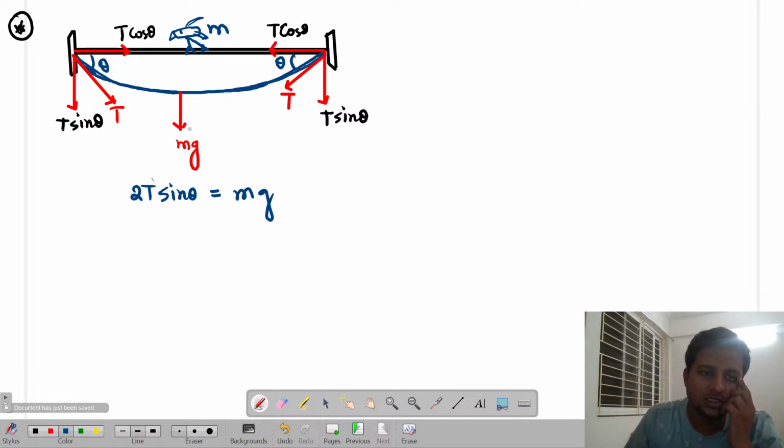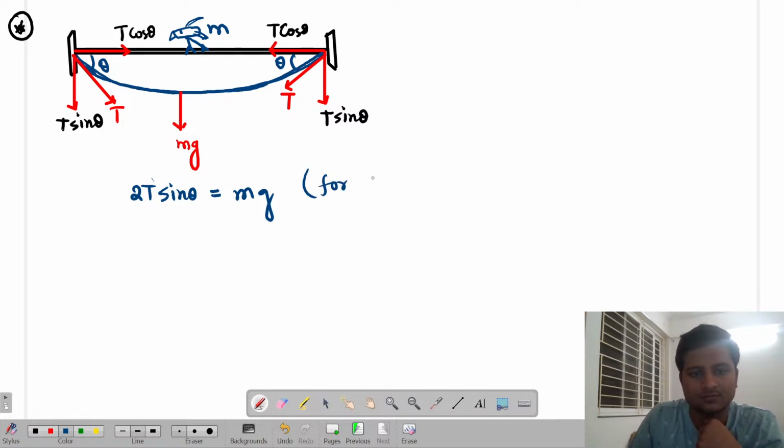So if I look at the tensions, I am drawing it for the wall case. Basically, for the wall, 2T sin theta must be equal to mg. Look here. So the value of T comes out to be mg by 2 sin theta.